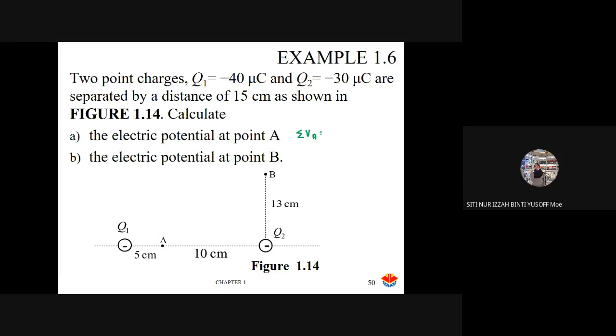Ada dua kan? Okay, since there's 2 charges, you will expect you will have 2 potentials. One potential will come from the first charge at A. Another one will come from the second charge at B. Sorry, at A juga. Maafkan saya.